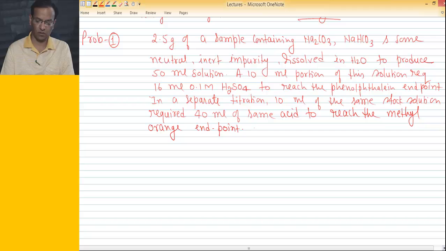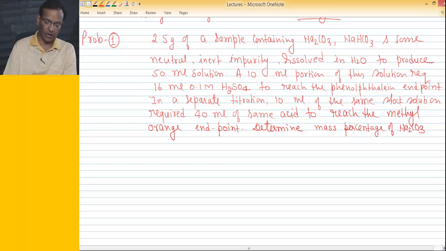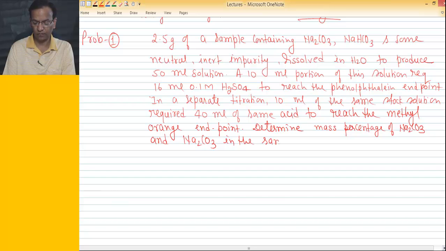Determine mass percentage of sodium carbonate and sodium bicarbonate in the sample.